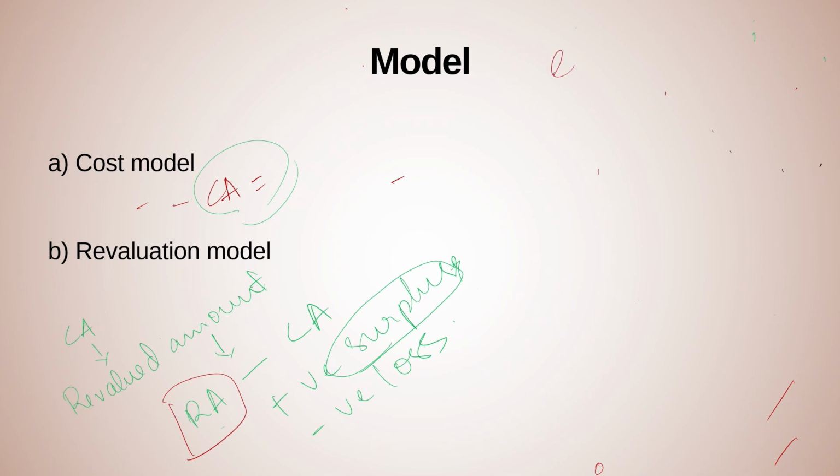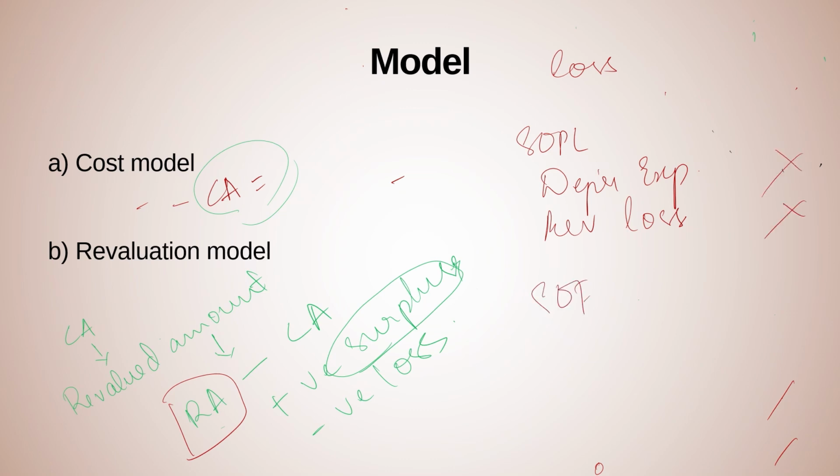Next is, if it is a revaluation loss, then it will be shown as expense in SOPL. Like under SOPL we have depreciation expense. Under that you have to show revaluation loss. That amount we have to show here. Then SOFP, asset, machine.